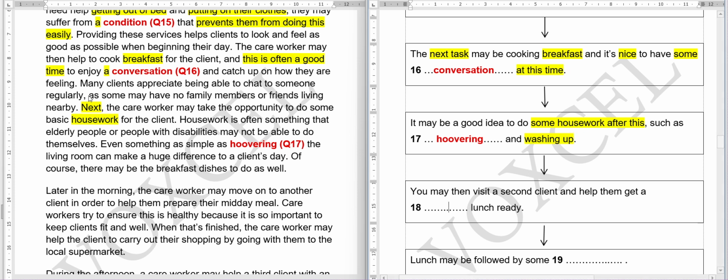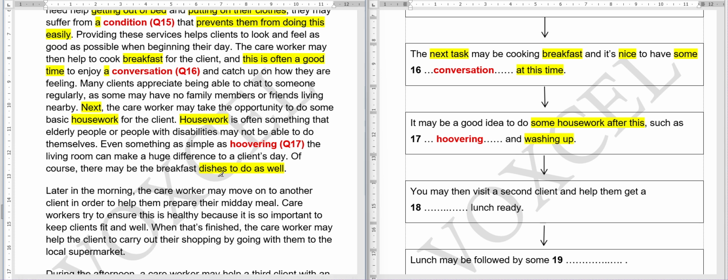So it is written housework. I have already told you housework is written. Here is also housework. Now, where is washing up? Washing up just means washing dishes. Here they're saying there may be breakfast dishes to do as well. If you are doing dishes, you are cleaning the utensils after eating in them.